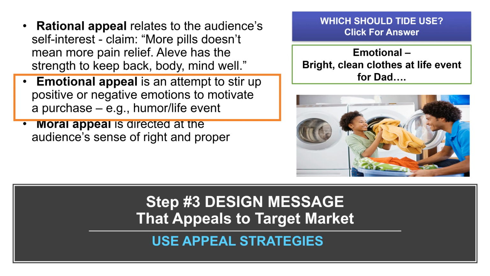And they focused on really bright, clean clothes and that life event with dad. So they would focus on the first day of school or potentially the graduation day or a prom date where the kids got a stain on their shirt, so they had to wash it right away. Something that is emotional to both the moms and dads.